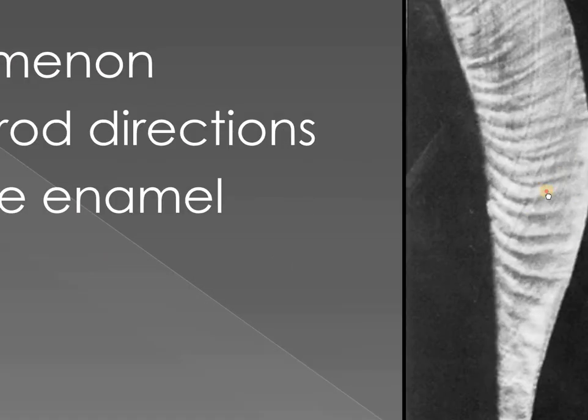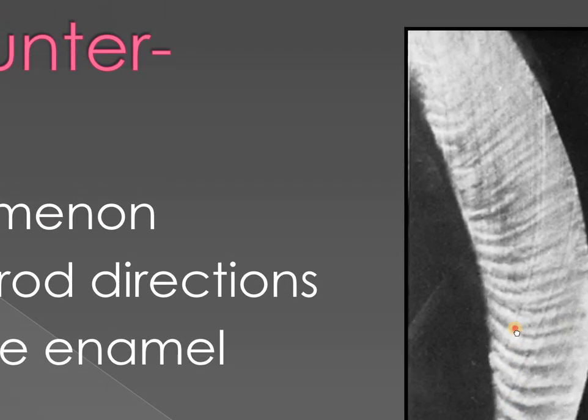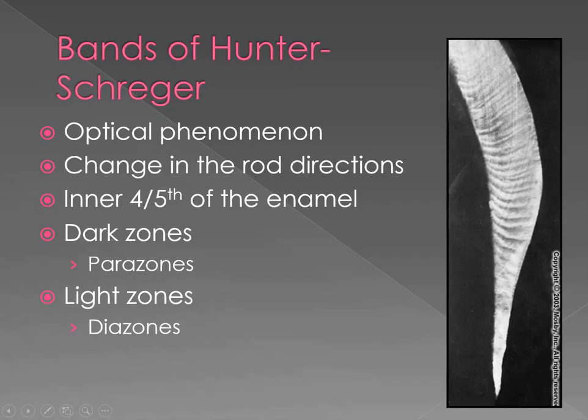These alternating light and dark bands are because of the elevations and depressions of the enamel surface, and these are called the bands of Hunter and Schreger. The dark bands are called the parazones, and the light bands are called the diazones. An easy mnemonic to remember this would be the second letter of dark and the second letter of para are the same, and the second letter of light and the second letter of dia are the same.